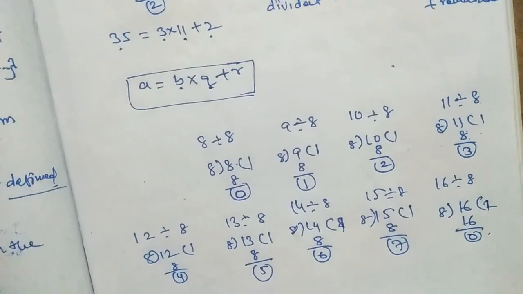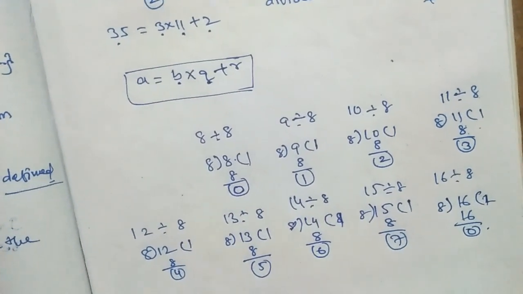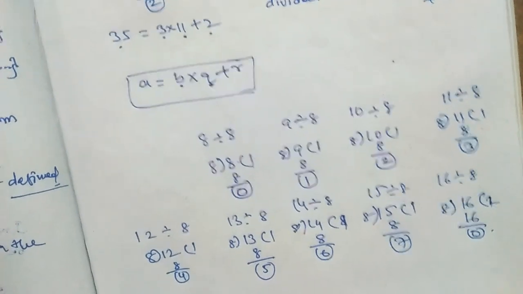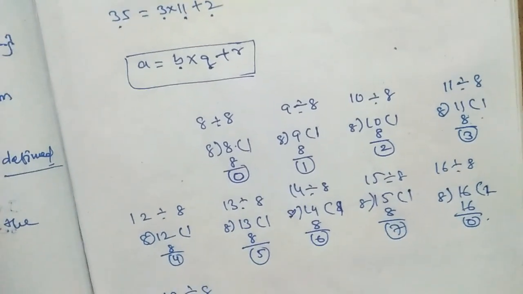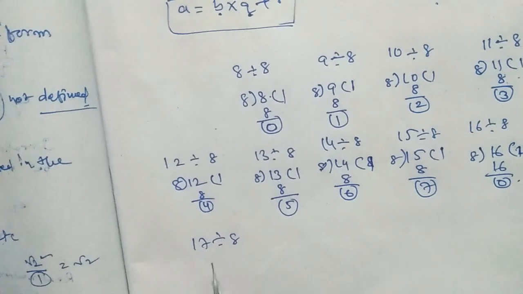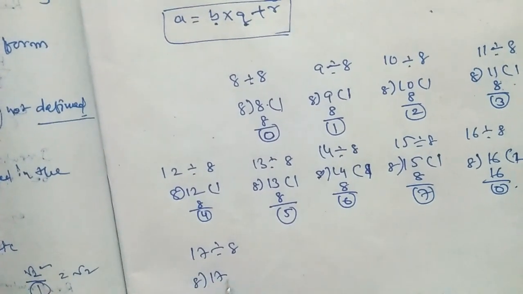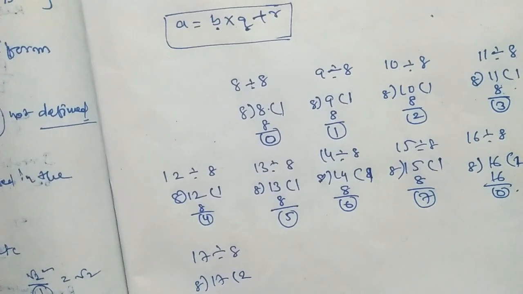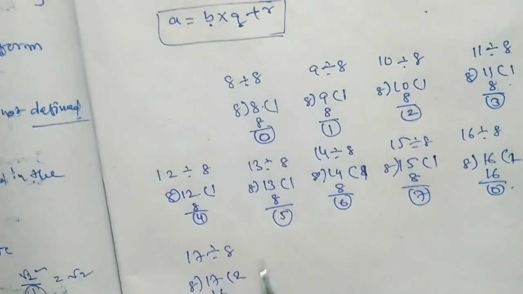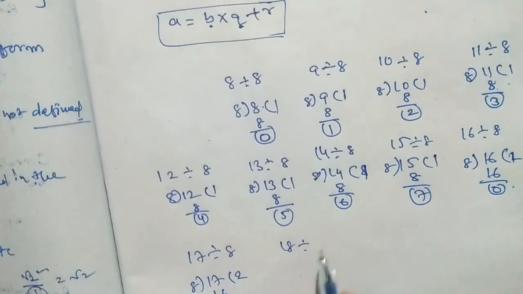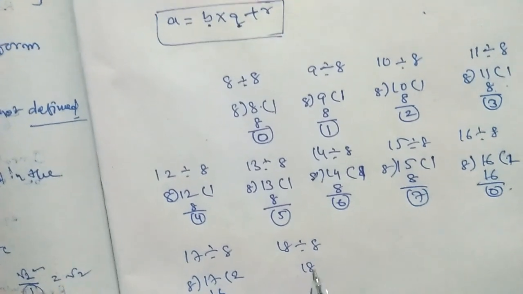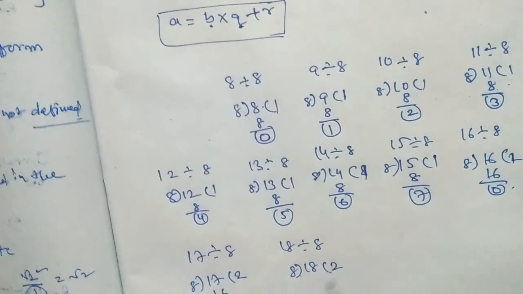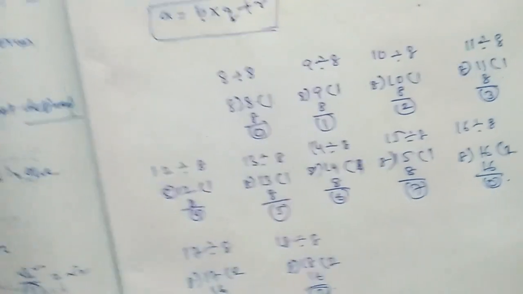Now you take 17 divided by 8. 8 2s are 16. 1. 18 divided by 8. 8 2s are 16. 2 remainder.